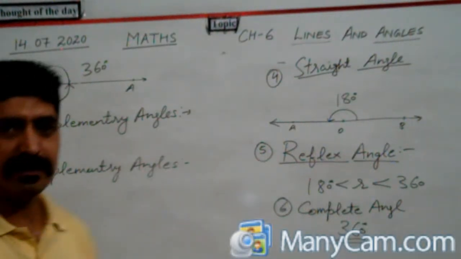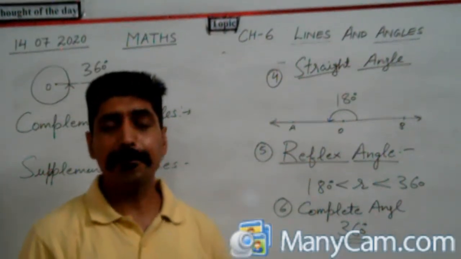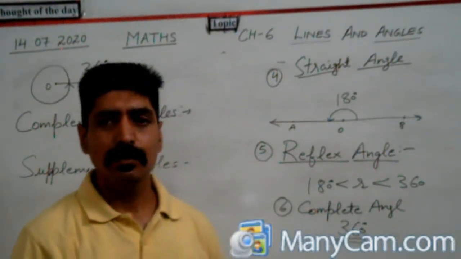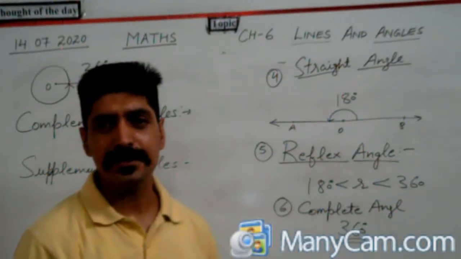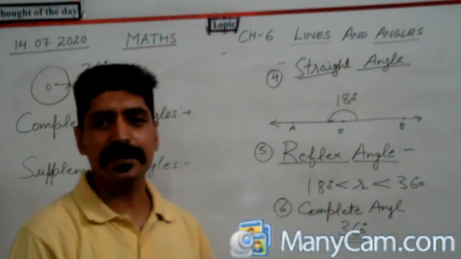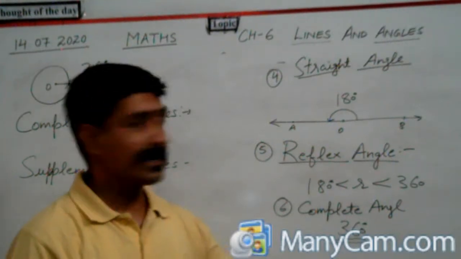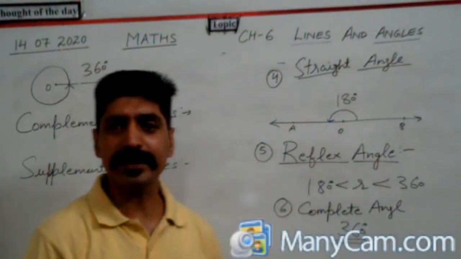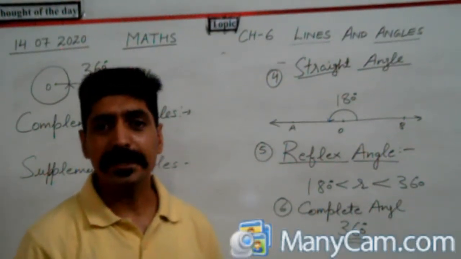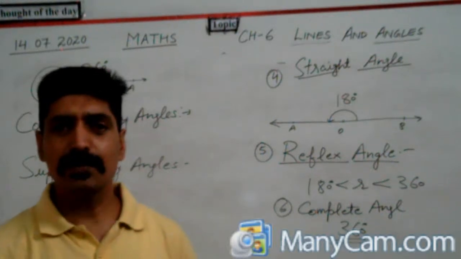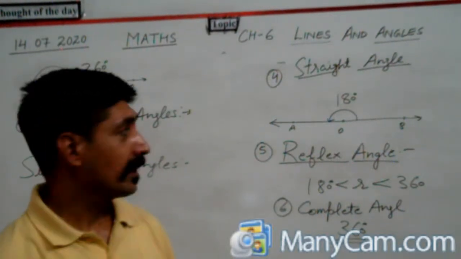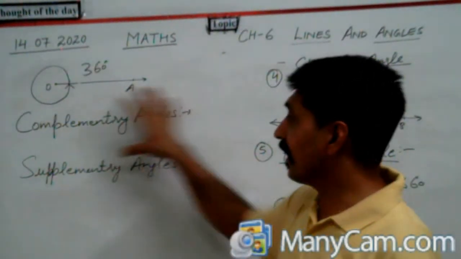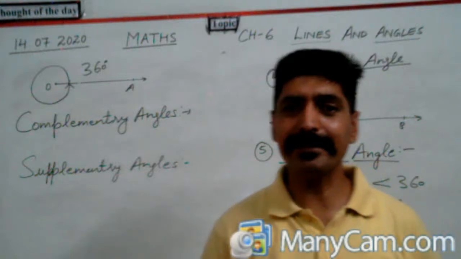So today we will discuss in detail the pairs of angles, like what are adjacent angles, linear pair of angles, vertically opposite angles, then the parallel lines, they form corresponding angles, co-interior angles or allied angles. So we will discuss one by one all these pairs of angles. So let's first discuss the complementary angle and the supplementary angle.